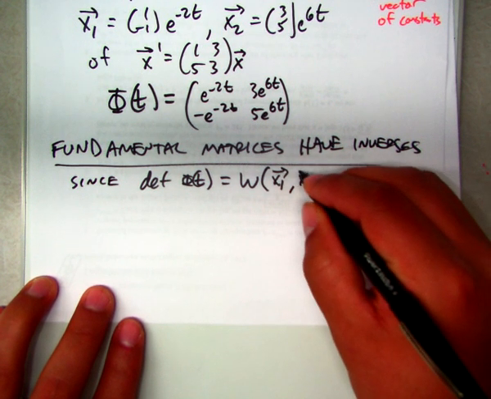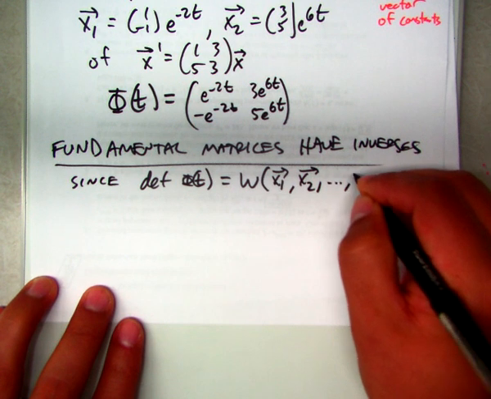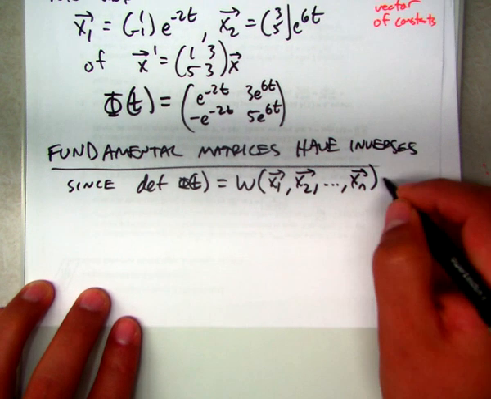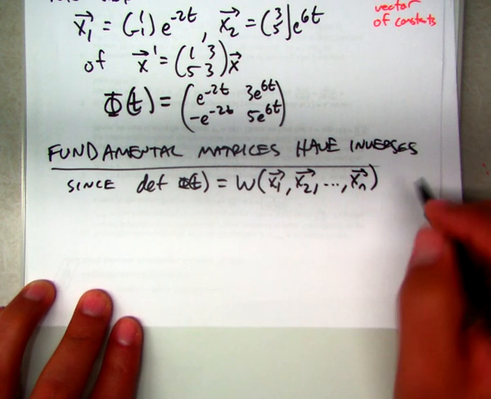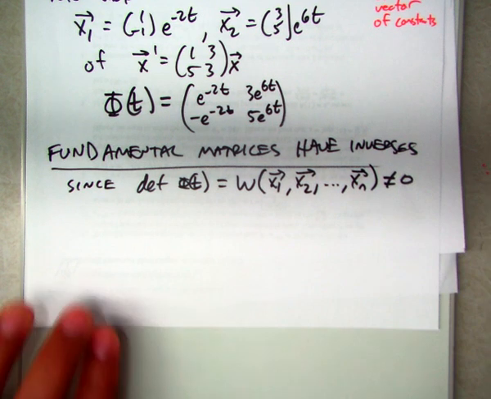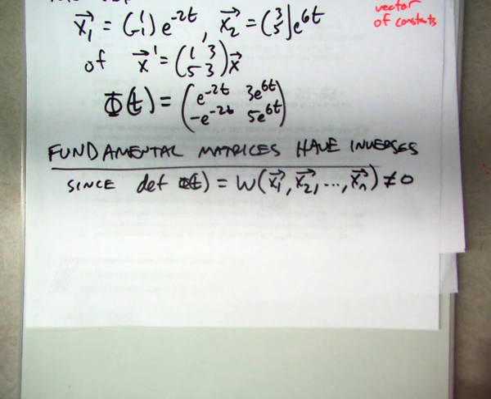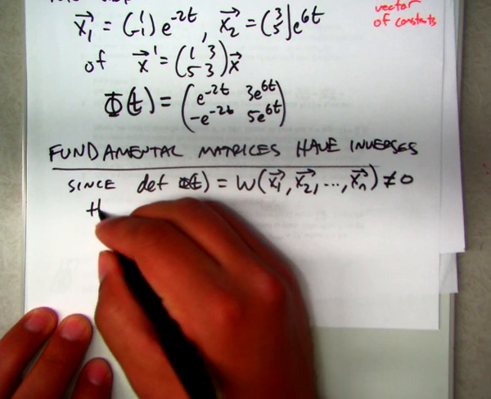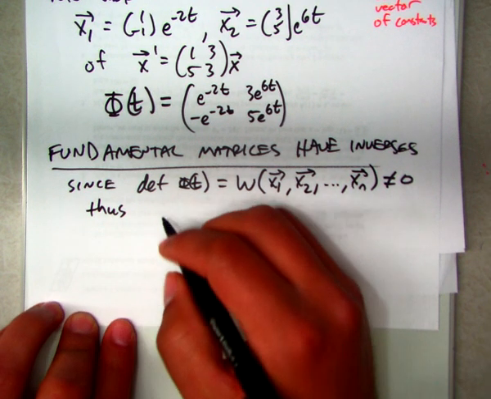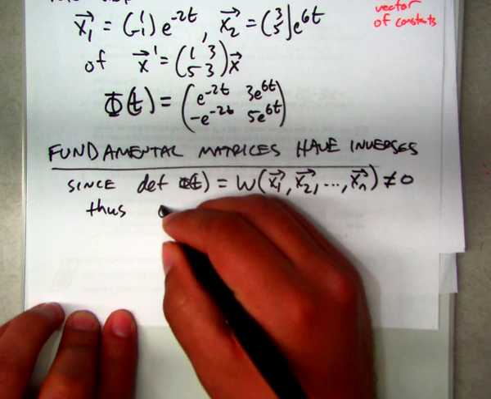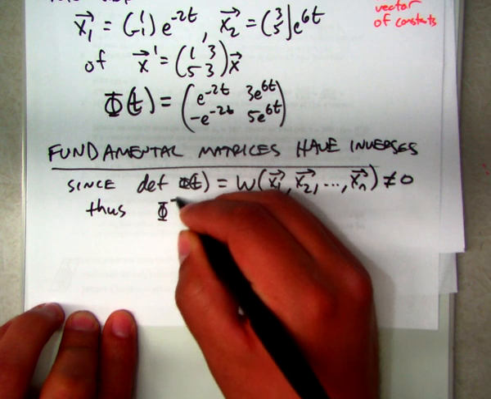And if we know that the solution vectors form a fundamental set, then we know that the Wronskian can't equal 0 for every t in the interval. And thus, since the determinant is not equal to 0, then we know that the inverse of the fundamental matrix exists.